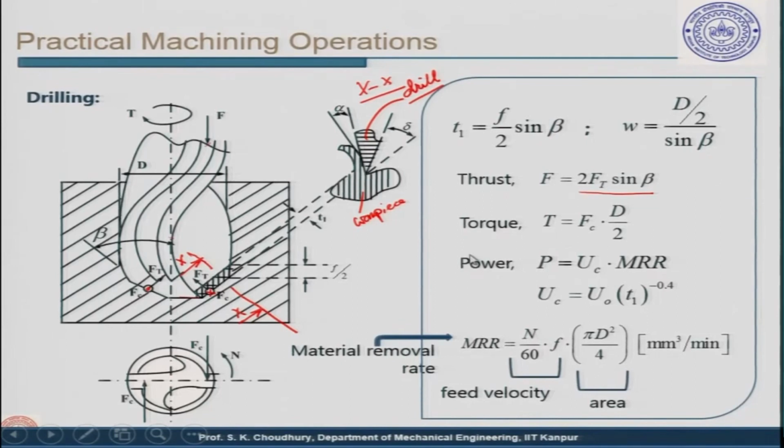So, the torque will be given by Fc and d by 2. It is an approximation that this will be d by 2. Therefore, Fc into d by 2 will be the torque, because this is the moment given by the Fc, rotating about this distance. This is the axis, and Fc into d by 2 will be the torque.